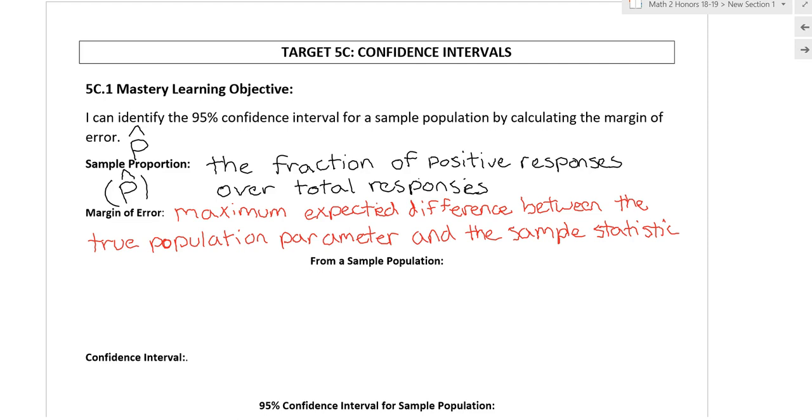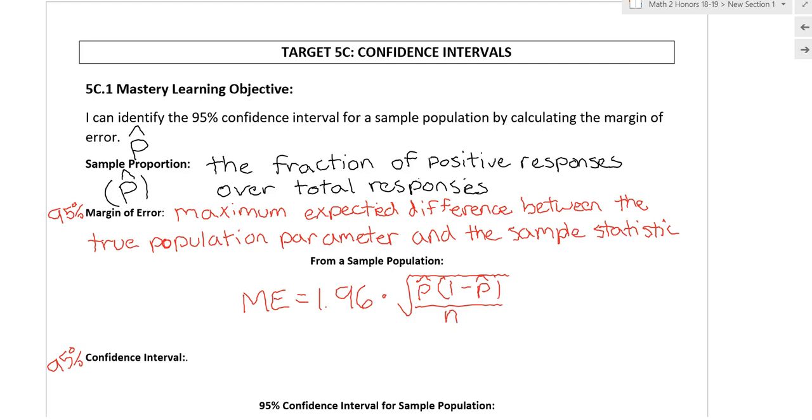And for a margin of error from a sample population, we do a specific formula. We're going to be doing a 95% always. So that does influence our margin of error. So it's 1.96 times the square root of p hat times 1 minus p hat, all over n.